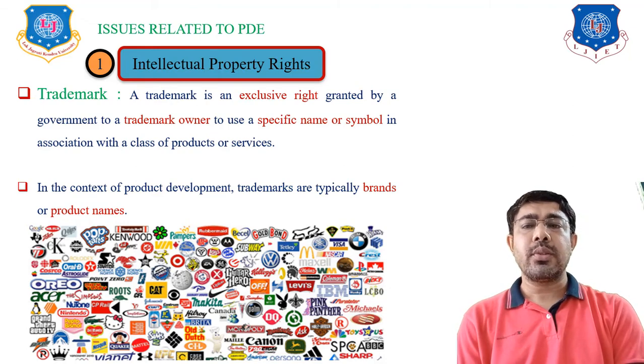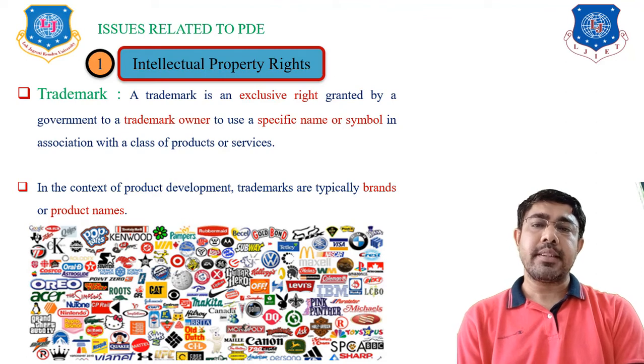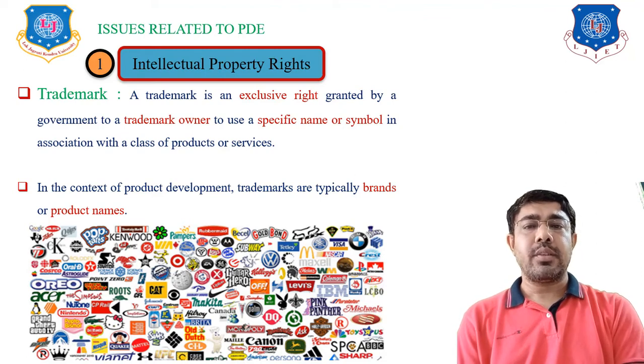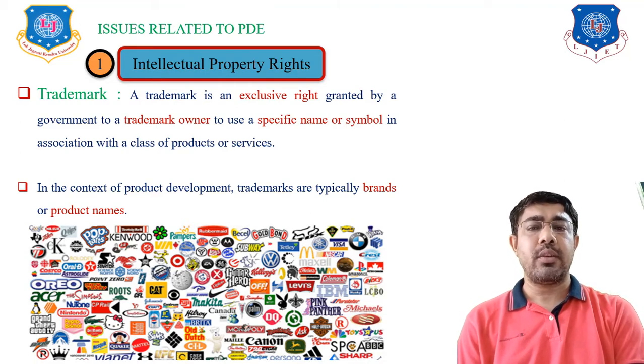You can also see that here I show some trademarks of different companies. A trademark is nothing but specific names or symbols which are associated with a class of products or services.